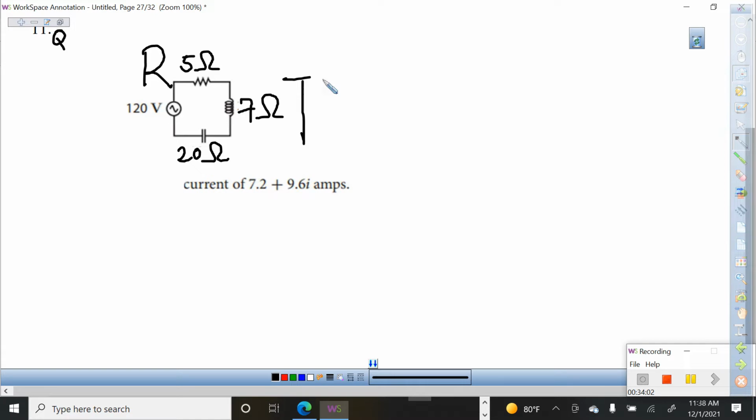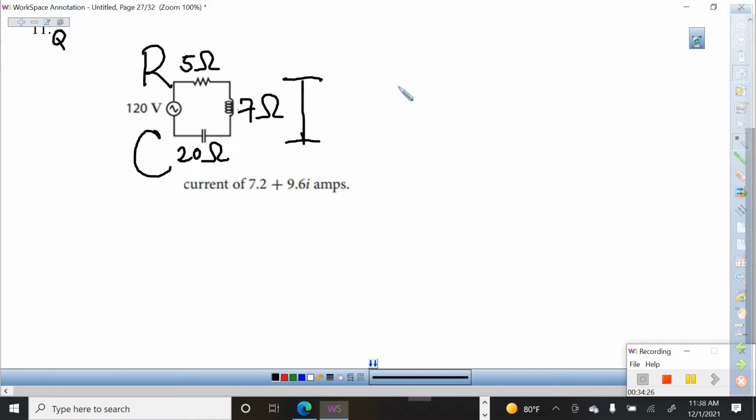Very good. I for inductor. And last but not least, this one is C for capacitor. Why do we need those labels? Because that's going to help us when we write our formula to find the voltage, to see what the impedance is. So first things first, we need to label our circuit.